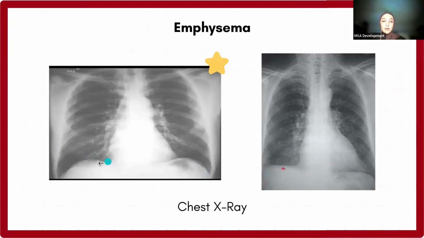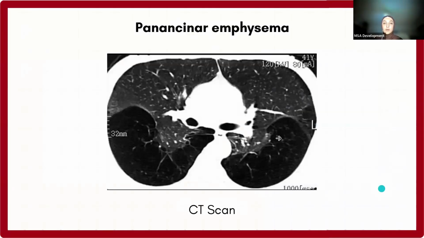So flattened diaphragm and what's called barrel chest, or an increase in the AP diameter. This picture shows it more clearly, an increase in the anterior posterior diameter. And generally, this finding, the increase in anterior posterior diameter, is very common in COPD. And the flattened diaphragm.